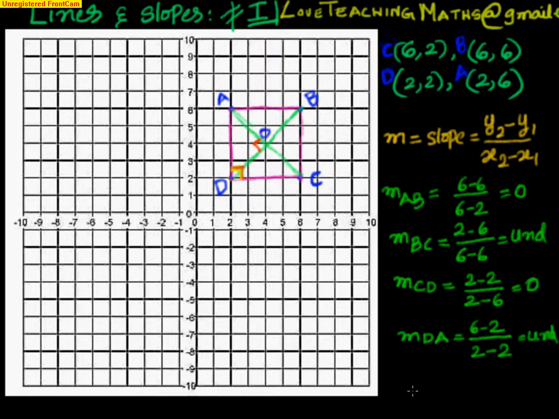At the end, let's look at the diagonals. Let's find out m of AC and BD.